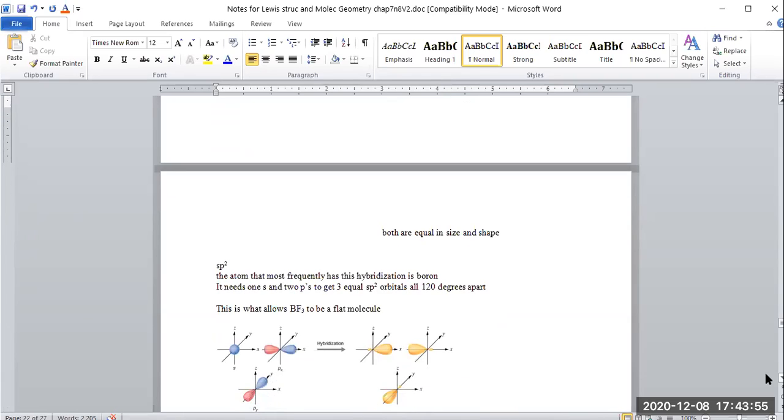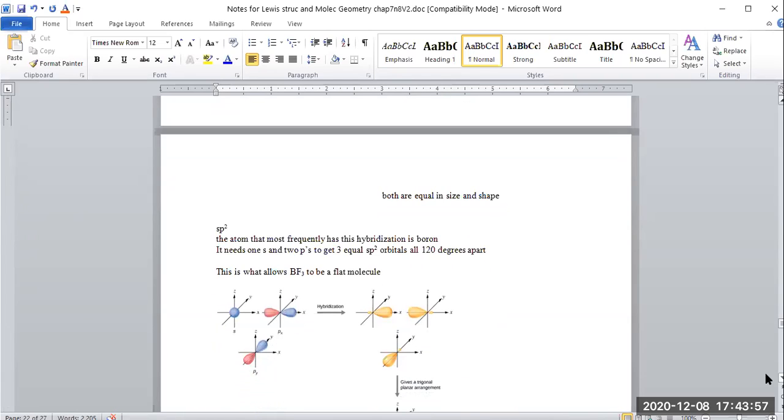What if you did it with more? What if you pulled another p orbital into this situation? Remember we talked a little bit about boron being a rule breaker. Boron's perfectly happy with 3 bonds and doesn't have to have a 4th bond or an octet.